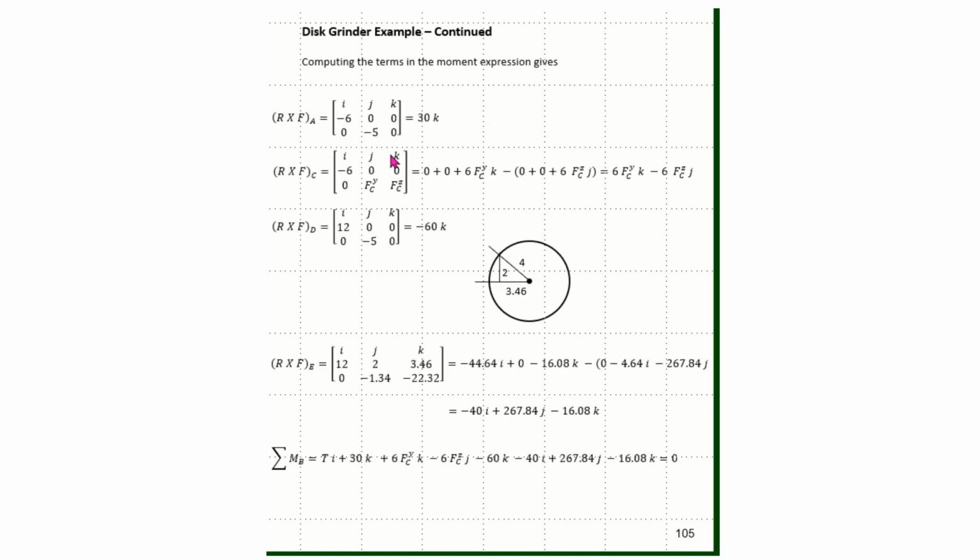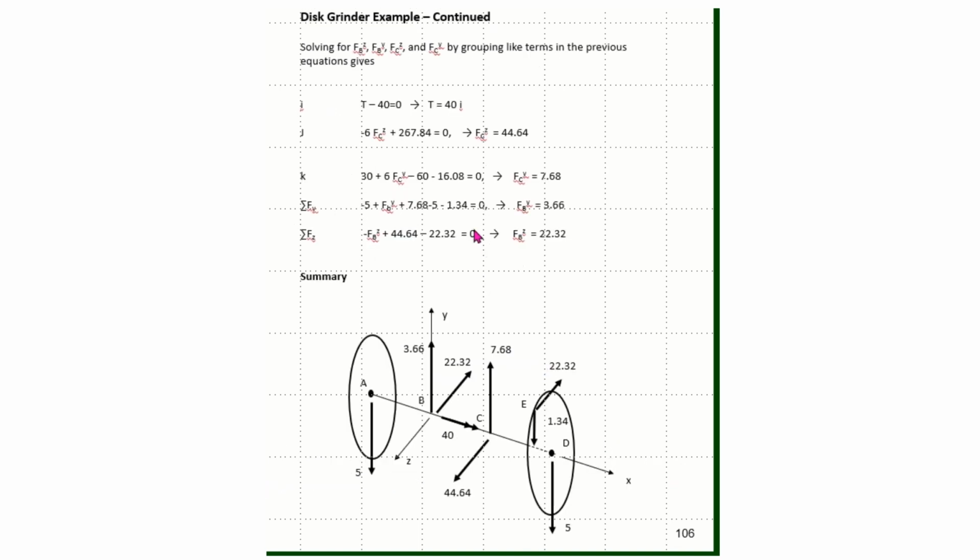Going and getting all of these cross products can take some time, but the math and the numbers that I have used are shown on this page here. So summation of moments at B then results in this expression, and I can come over here and summing the forces and moments and plugging in for the unknowns and solving for them results in this free body diagram here with all the applied and reaction forces and moments.